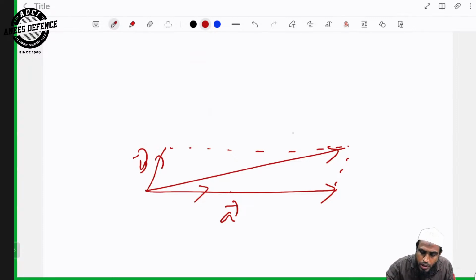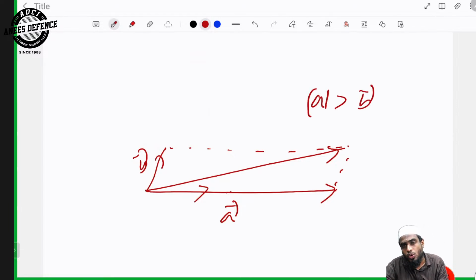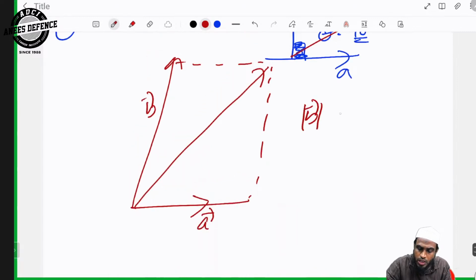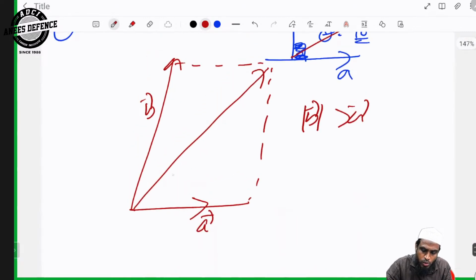So here the magnitude of A is greater than the magnitude of B, so the resultant is more closer towards A. In this case, the magnitude of B is greater than the magnitude of A, and the resultant is more close towards B.